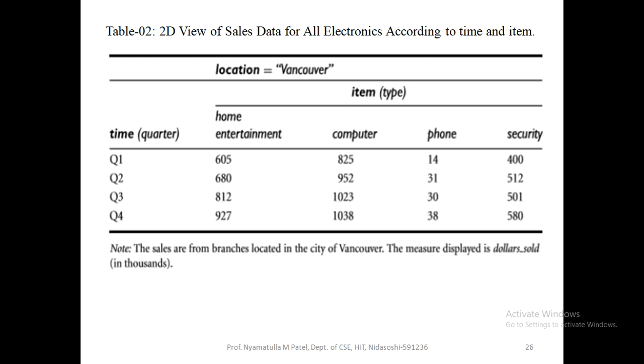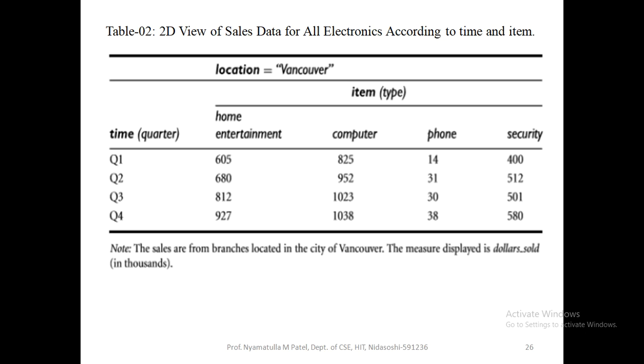Okay, then let us view a 2D view of sales data for all electronics according to time and item. Here we have a table giving information related to the sales of all electronic items according to the time and item.